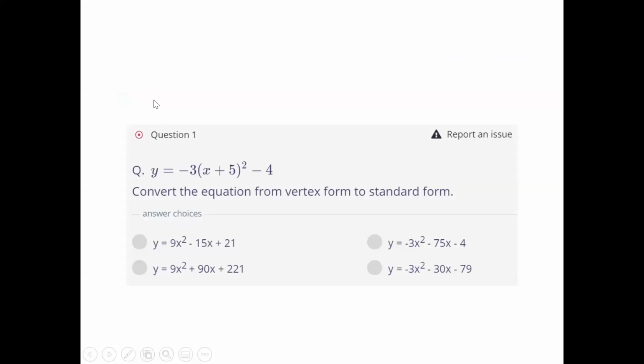Okay, so let's take a look at this part then here. This actually is called vertex form.